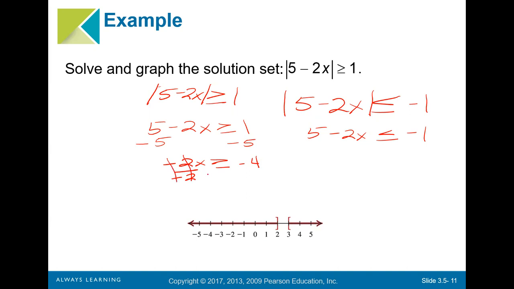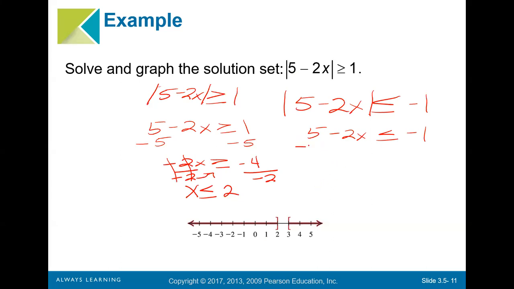Negative divided by negative is positive, and 2 goes into 2 once, leaves me with x. However, I have to divide the other side by the -2, meaning I'm pushing the negative sign across the inequality, so we're going to flip it. -4 divided by -2 is positive 2.